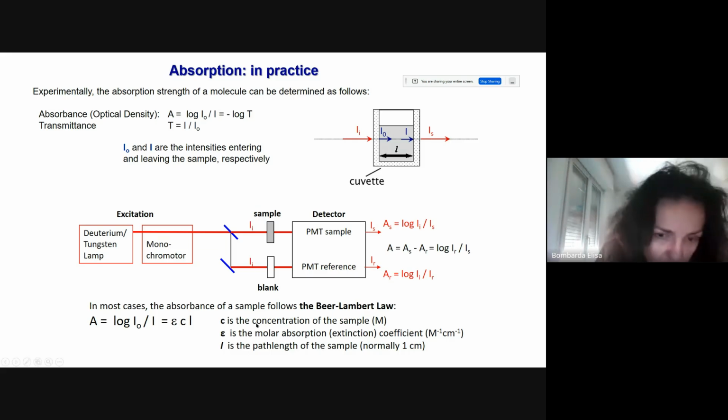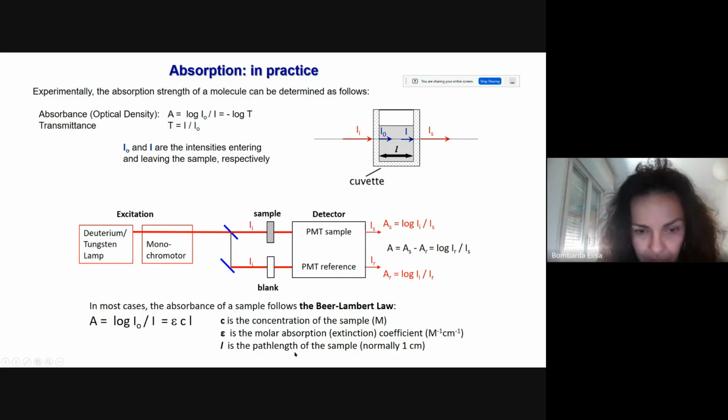Normally we work with the concentration expressed in moles per liter, so molar concentration. And since absorbance has no dimension, being in fact a logarithmic quantity, the extinction coefficient or molar absorption is in molar^-1 centimeter^-1.